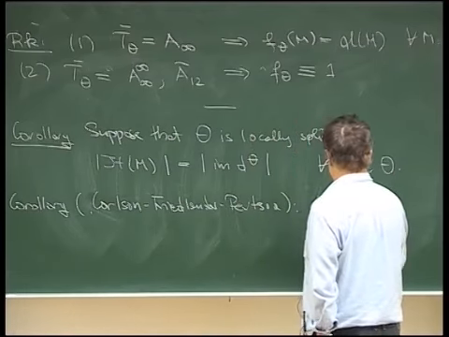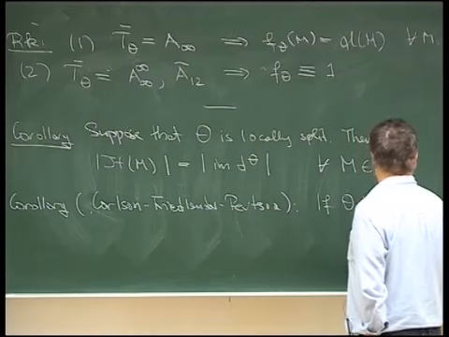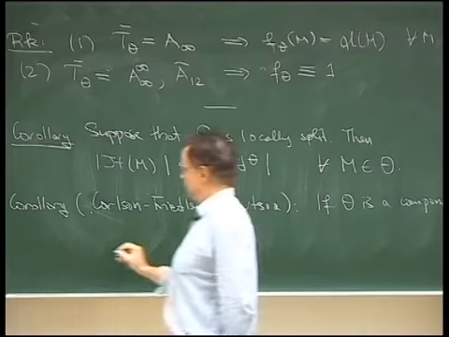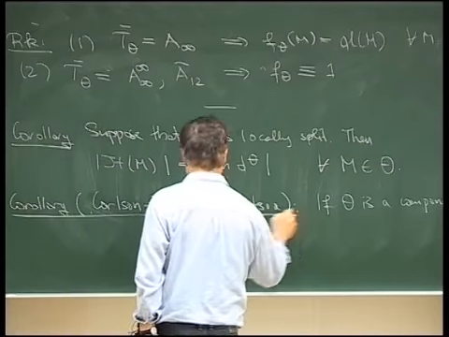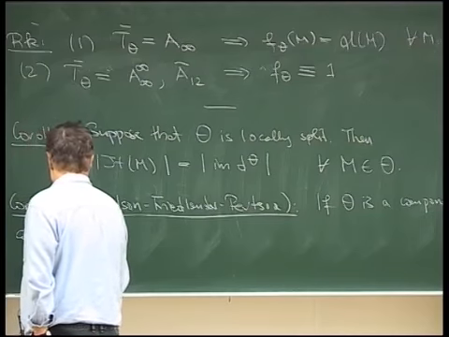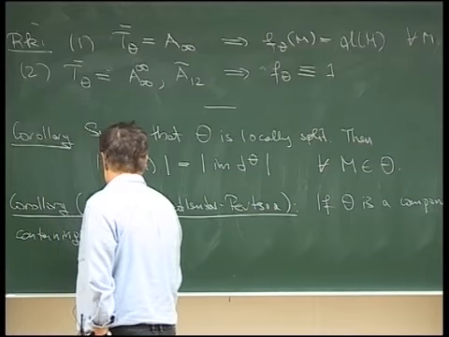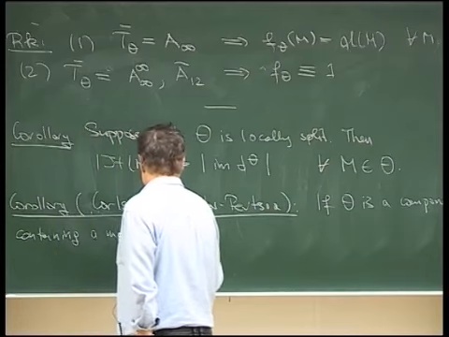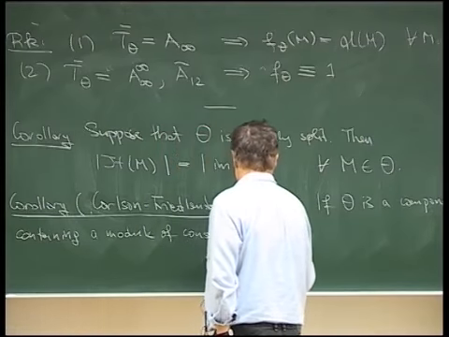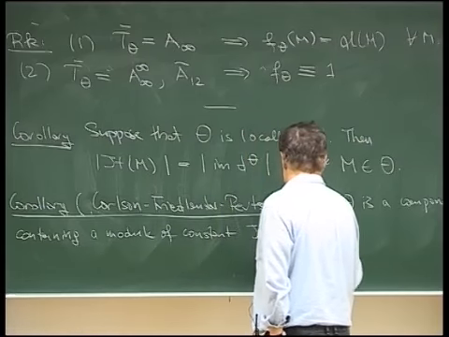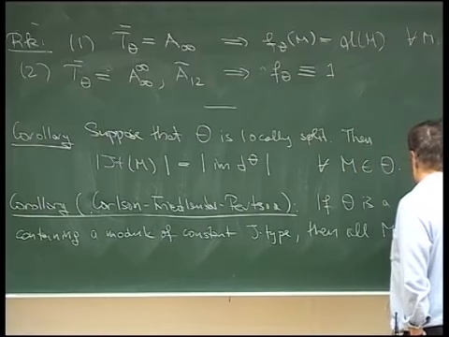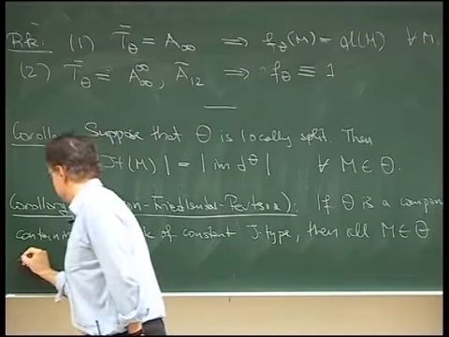If theta is a component, locally split or not, containing a module of constant Jordan type, then all m in theta have constant Jordan type.